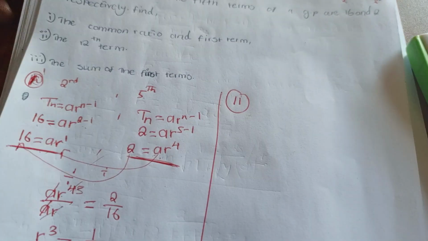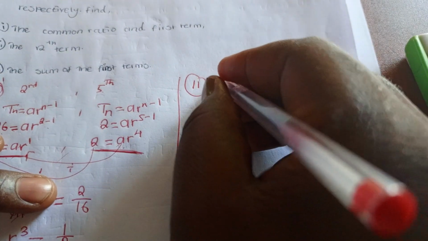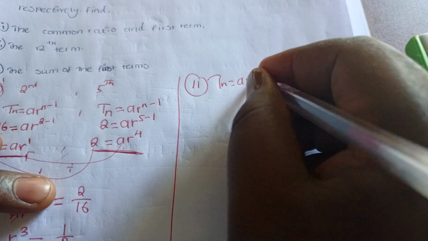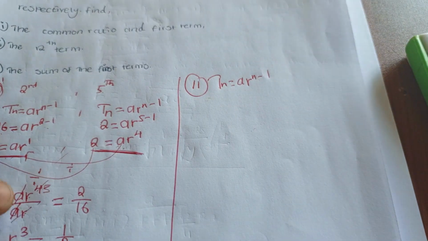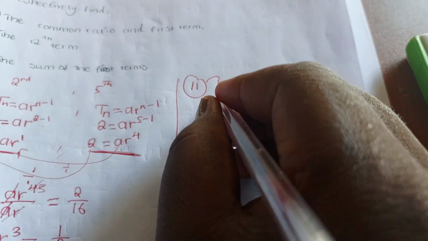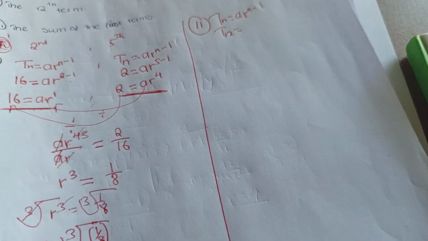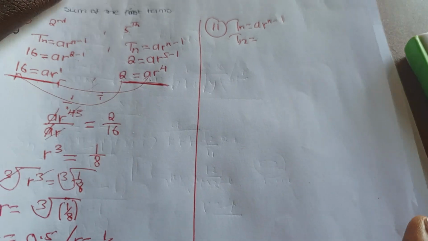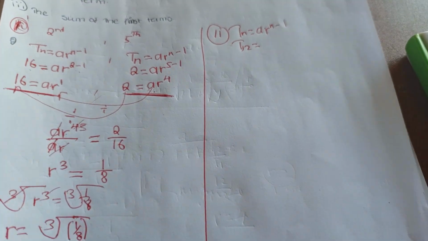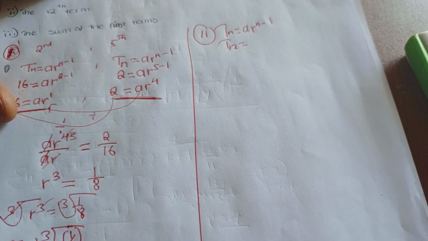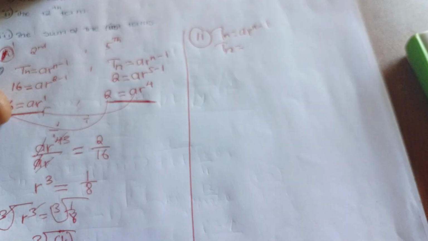The formula for finding the term is Tn is equal to A R to the n minus 1. Good. So my term 12 is equal to my A, the value that I found for A, which is 32. So I'm going to put 32 here.